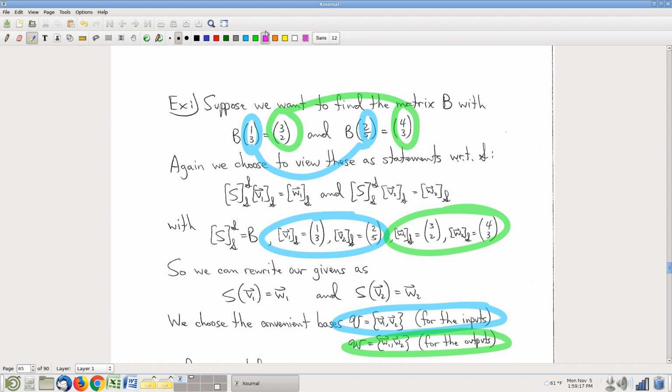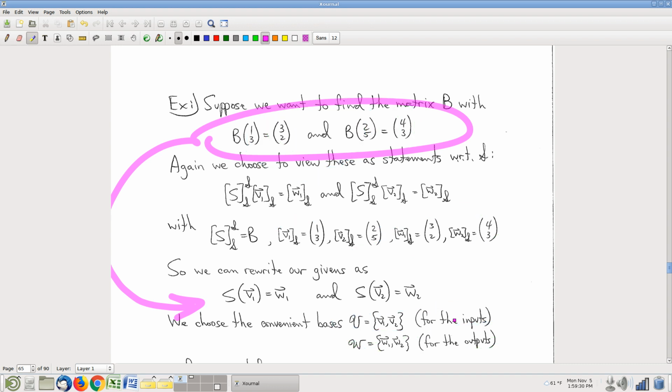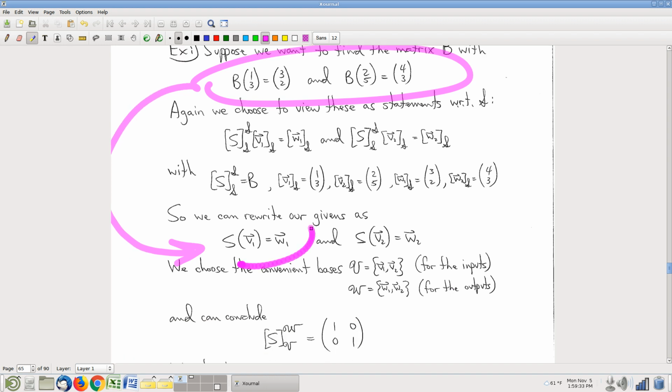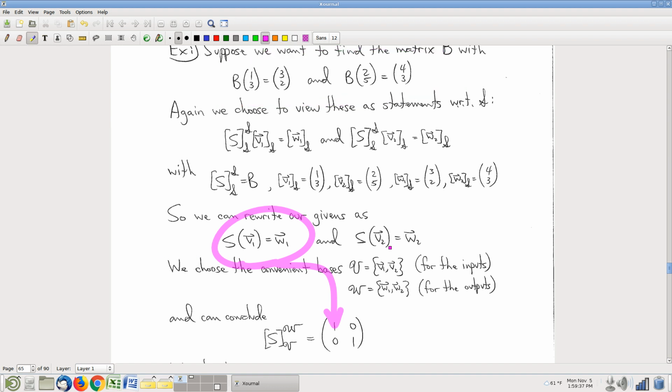These two statements here translate like that. We have S of V1 is W1, S of V2 is W2. And those statements immediately give us that as our first column, and that is our second column. Right, the first column comes from looking at S of the first V vector.